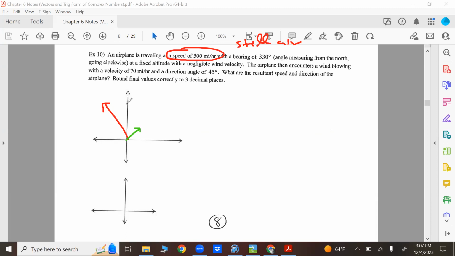So when I combine it, let me take this part right here.